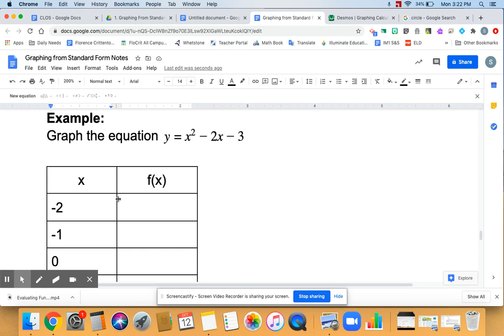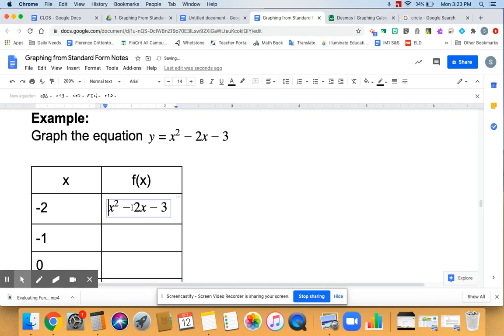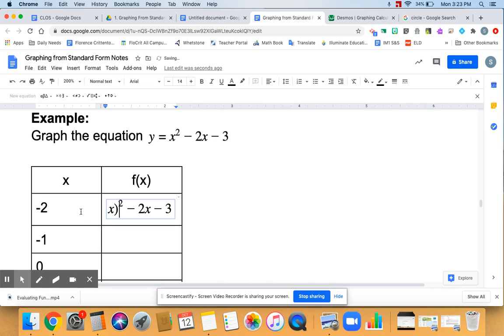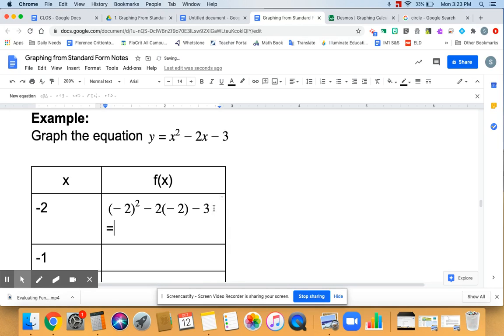So remember, to get the answer, what y equals, with this x, you have to take your equation. And instead of x, you're going to plug in what it tells you to plug in. So instead of this x here, I'm going to put -2. And instead of this x here, I'm also going to do parentheses -2. So then I'm going to take this and throw it into a calculator.